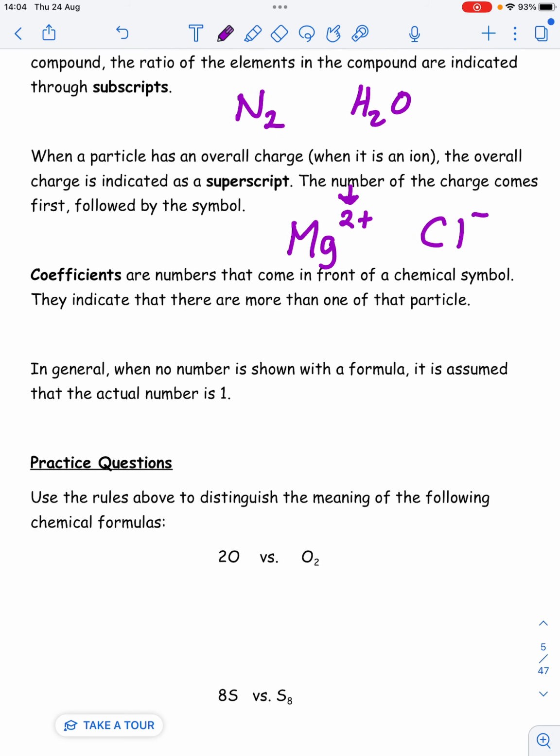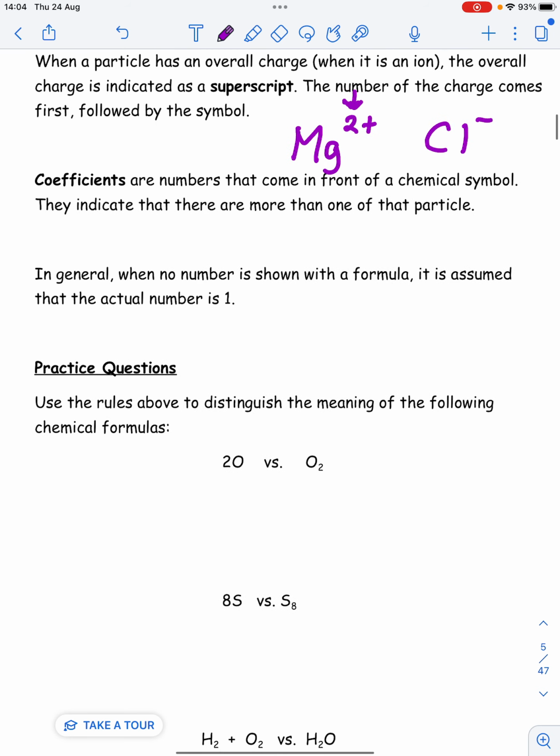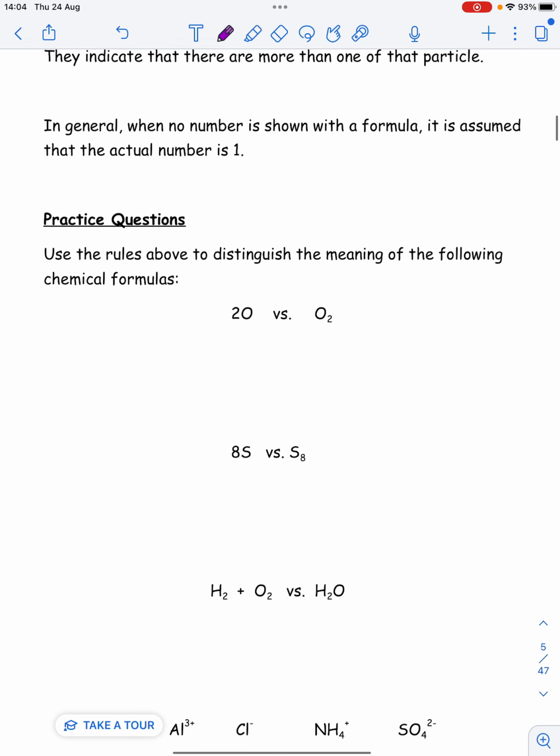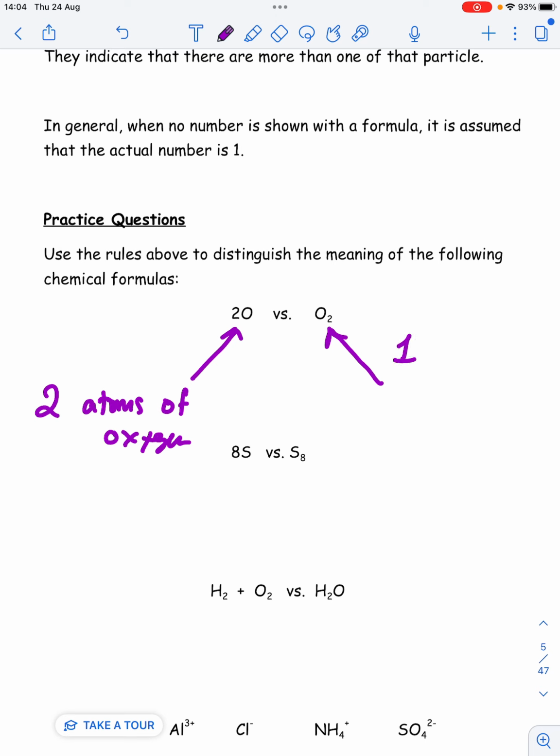Sometimes you'll see coefficients in front of formulas, especially when we balance chemical equations at some point. So if we look here, this versus this means two different things. The 2O means 2 atoms of oxygen, whereas the thing on the right represents 1 molecule of O2, right?